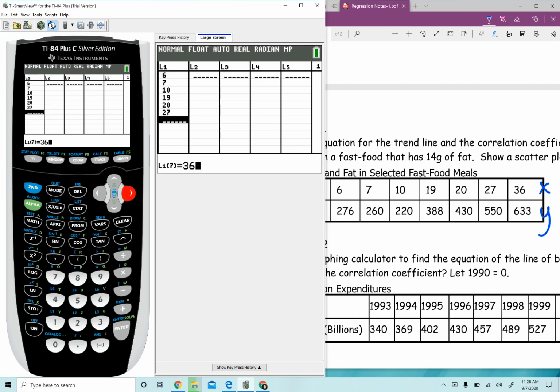And we would put these over here in L2: so 276, 260, 220, 388, 430, 550, and 633.